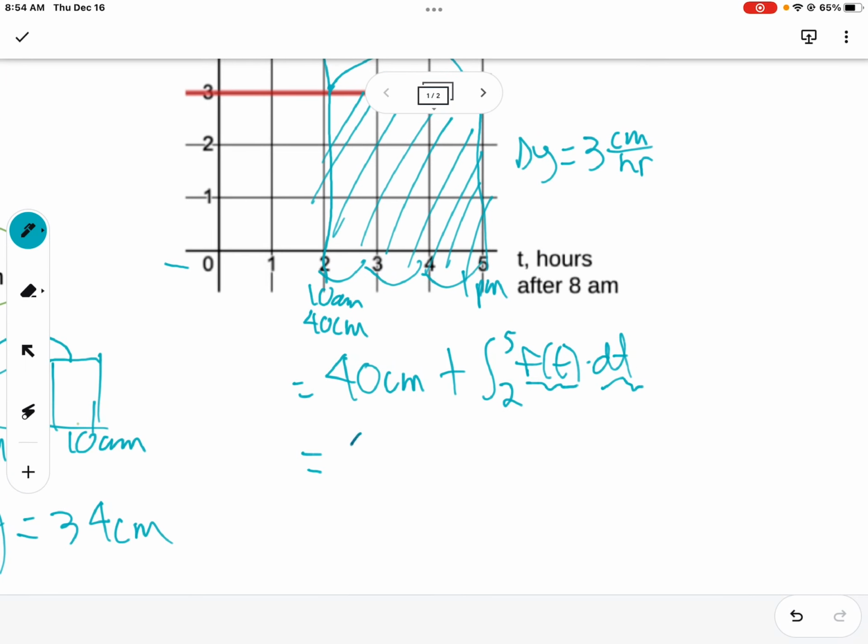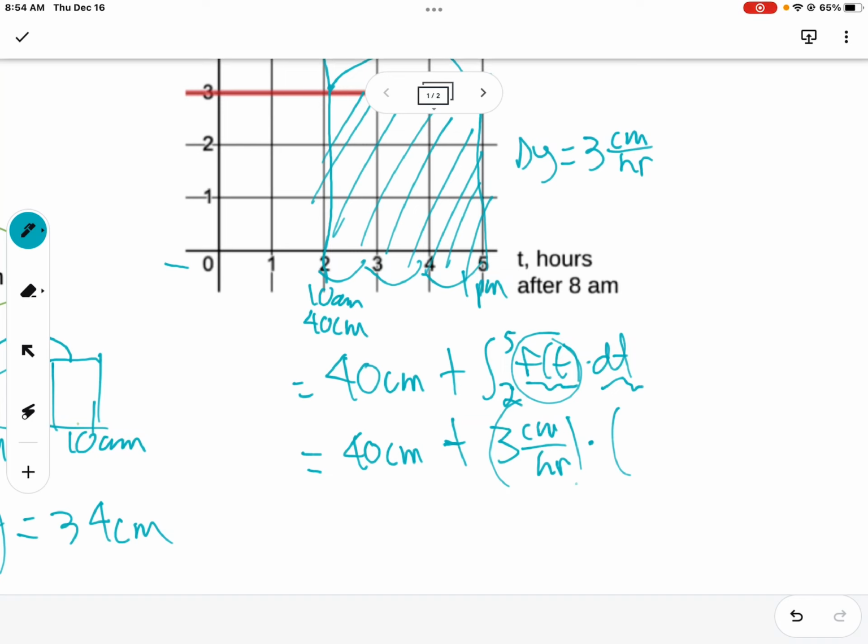Okay, so 40 centimeters is what we started with, and what's the accumulation? The accumulation is, well, delta y here is 3. And then we're going to multiply that by dt, which is, in this case, dx.